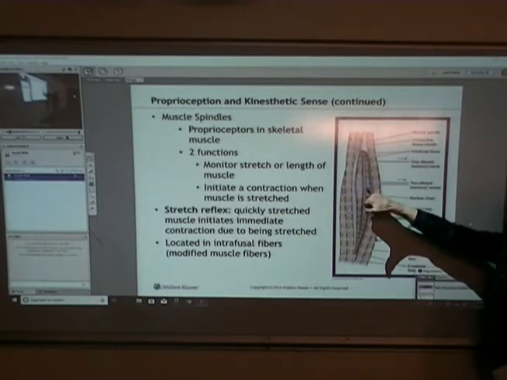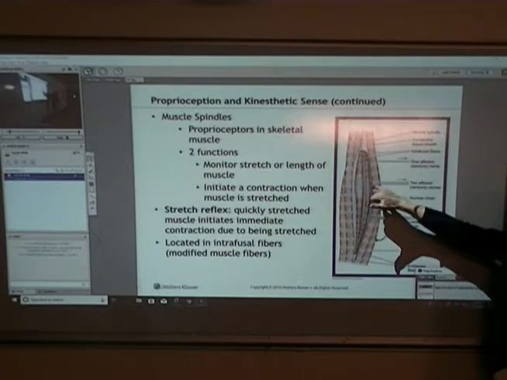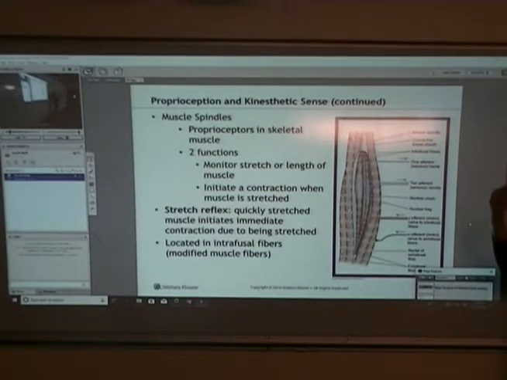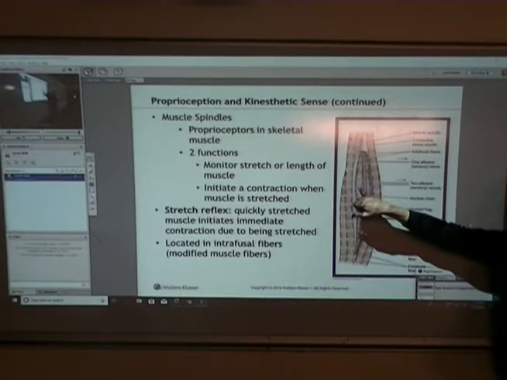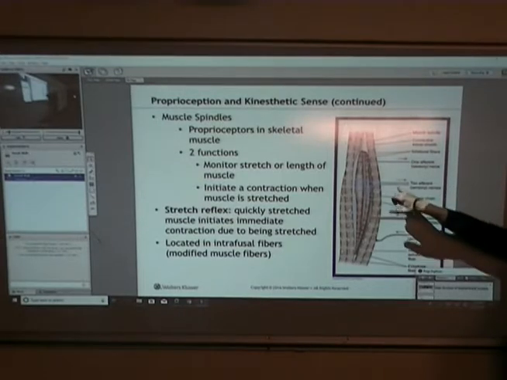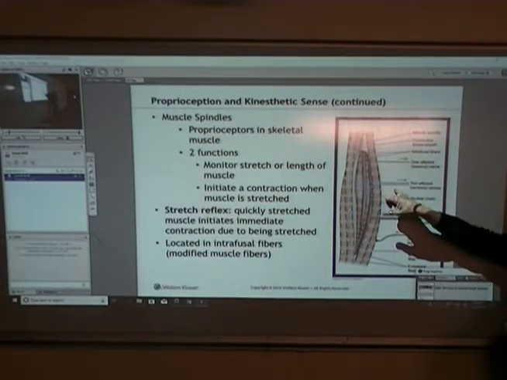So it has a nerve that's wrapped around the spindle, and when I stretch the muscle, when I pull on the muscle, because of the way the spindle lies and is attached, I also pull on the spindle, which, if that pull is strong enough and fast enough, will stimulate information to be sent to the spinal column via the sensory nerve.